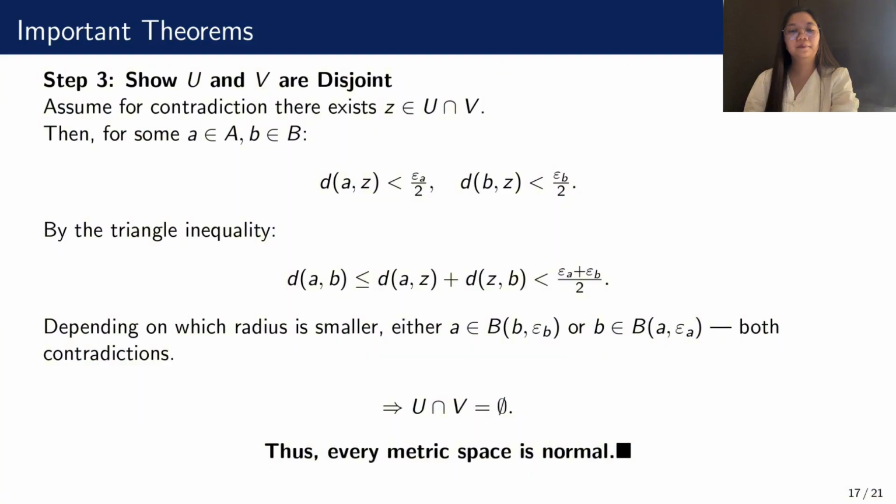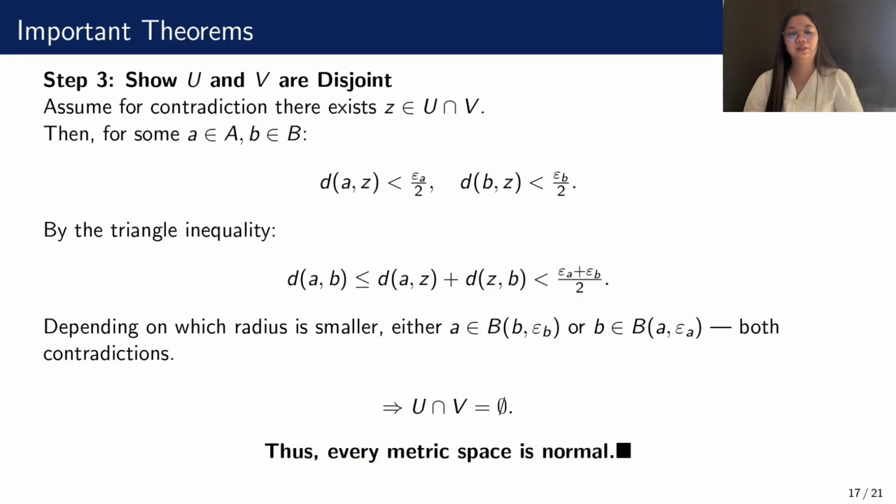Then for some a in A and b in B, the distance between a and c is less than epsilon sub a over 2, and the distance between b and c is less than epsilon sub b over 2. So that means that c is very close to some a in A, and also very close to some b in B. So by the triangle inequality, we know that this is true.